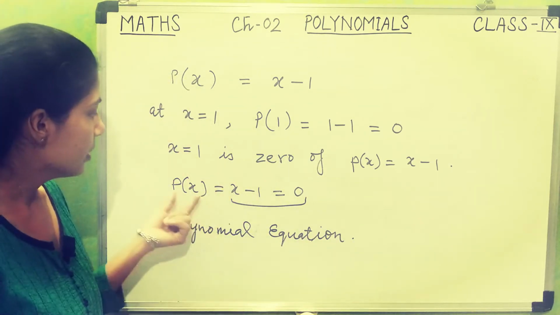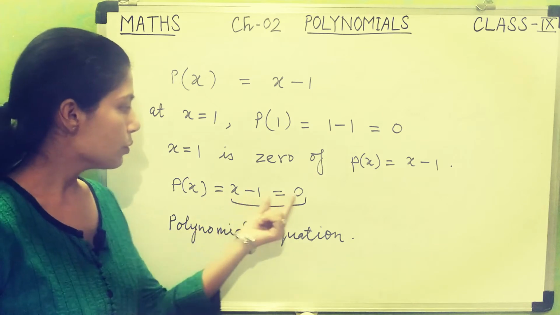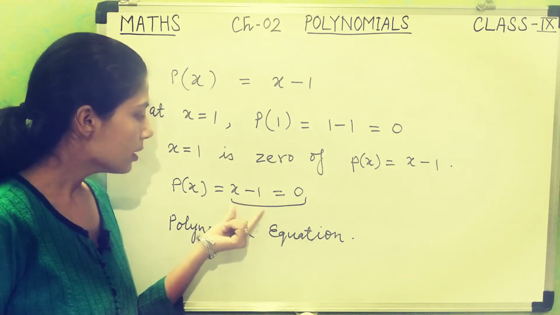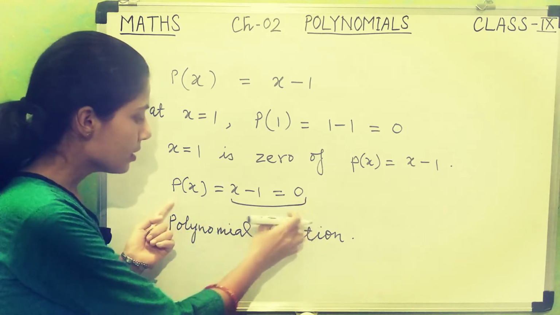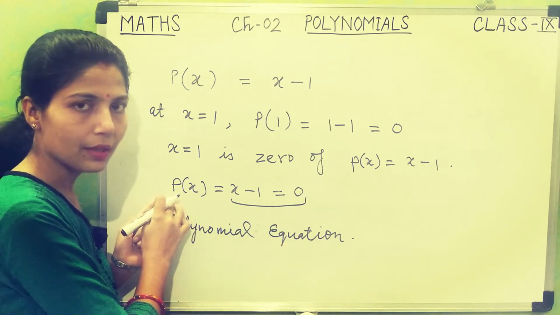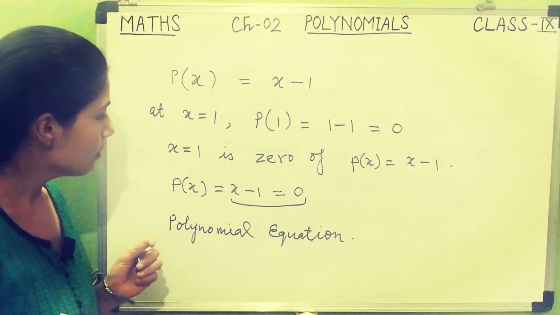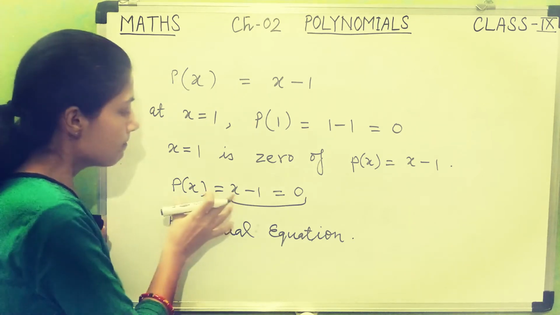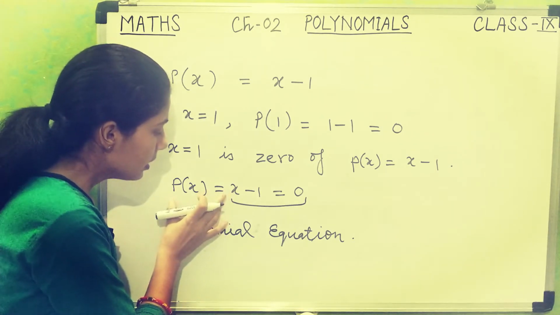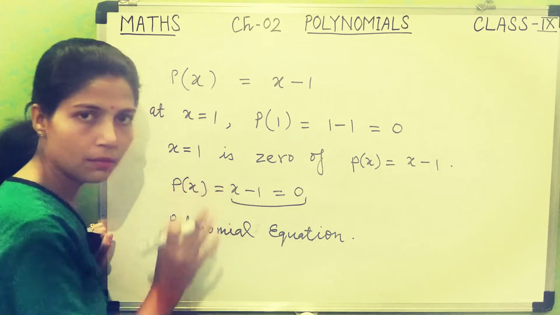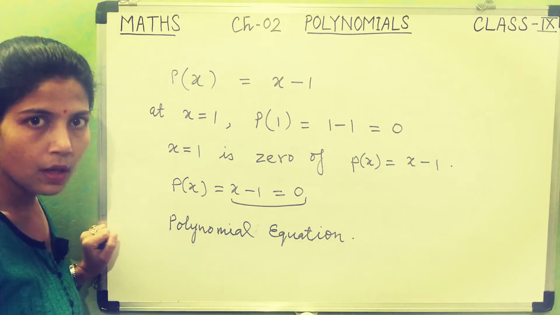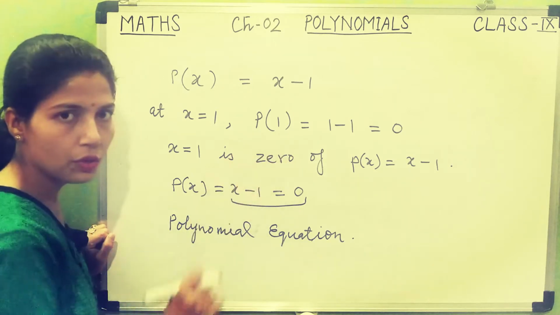Polynomial equation means P(x) equals 0, for example the given expression x minus 1 equals 0. This is your polynomial equation. Keep in mind that until it is equated to 0, it is just a polynomial.